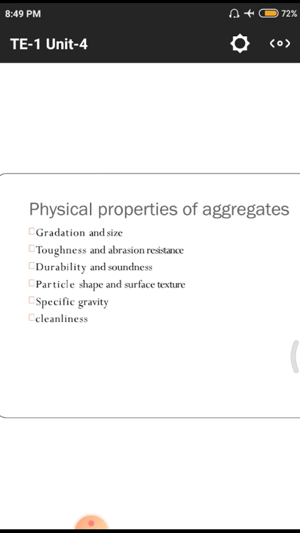Next one is specific gravity. What is specific gravity? First of all, we need to take 300 grams of aggregate. We weigh that 300 grams of aggregate. After that, the 300 grams of aggregate will be taken into one jar.